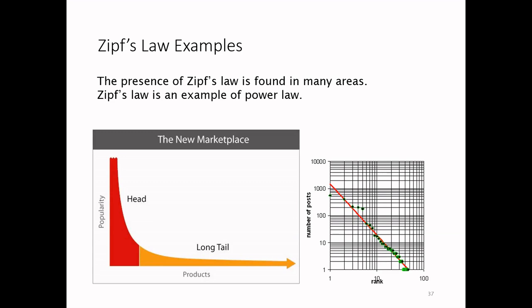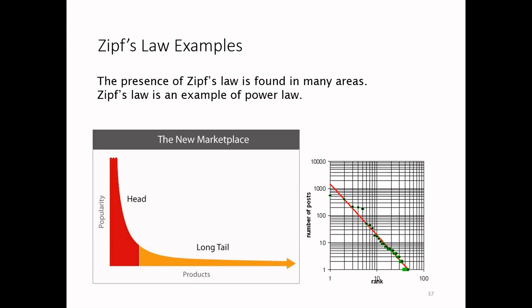The same idea applies here in terms of indexing term selection. We don't want to select indexing terms from the red part of the rankings, but we want to select them from the long tail.